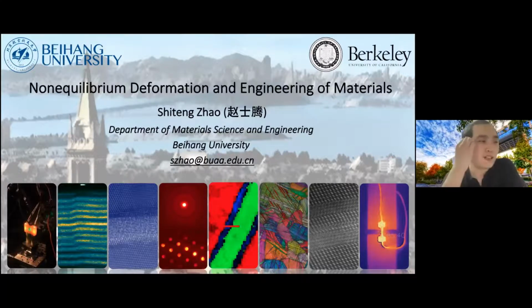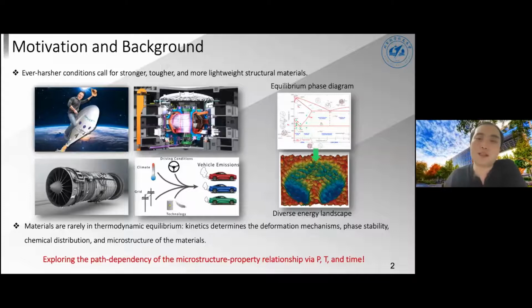A little bit of background: one of the fundamental challenges we're facing today is that the service conditions of materials are becoming ever harsher, more extreme, and starting to deviate from so-called equilibrium conditions. For example, in the aerospace industry, we are calling for better high temperature materials like superalloys, which can sustain higher temperatures.